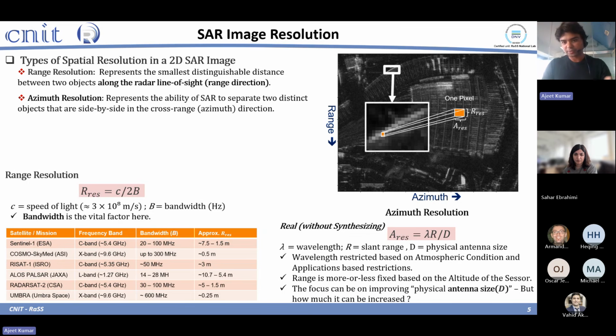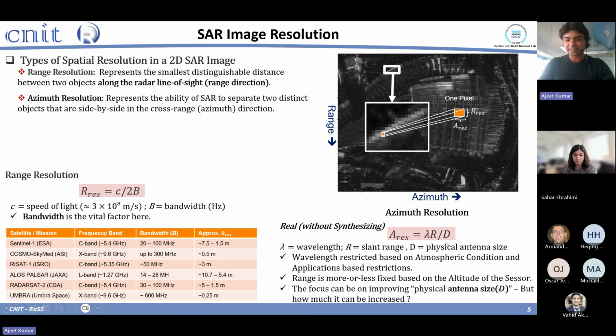Now, range is also fixed because you situate the satellite in, let's say, LEO orbit. For example, for Umbra, the height is something like 540 kilometer from the ground. And that is also fixed. So what you can change to get better resolution is the D.